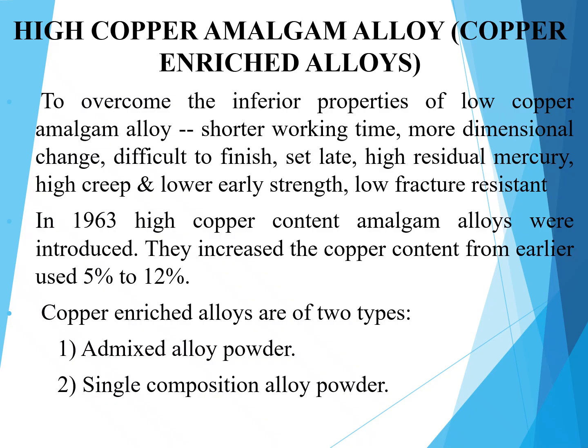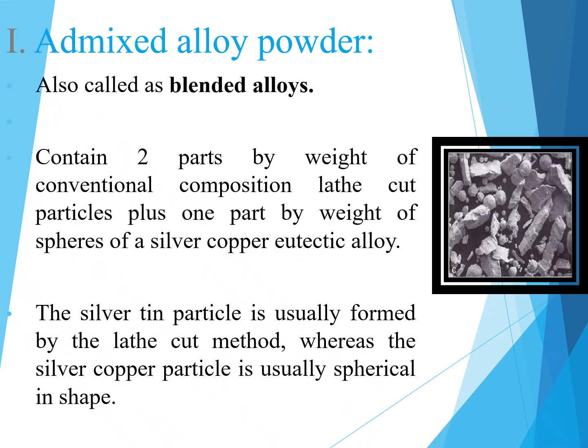Copper enriched alloys are of two types: admixed alloy powder and single composition alloy powder. Admixed alloy powder, also called blended alloy, contains two parts by weight of conventional composition lathe cut particles plus one part by weight of spheres of a silver copper eutectic alloy.